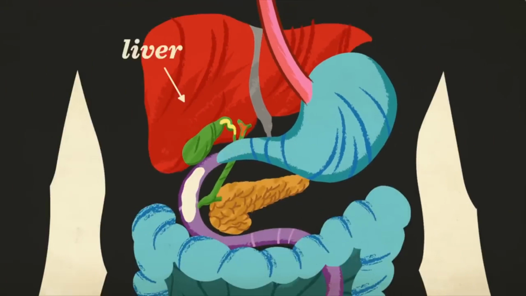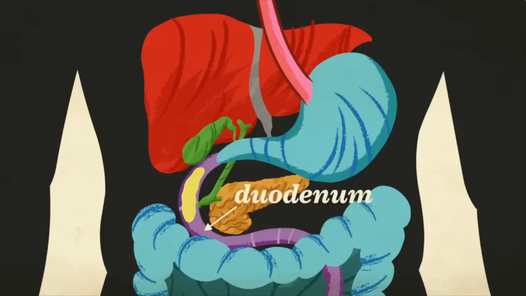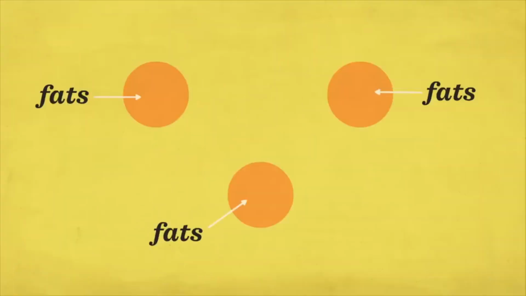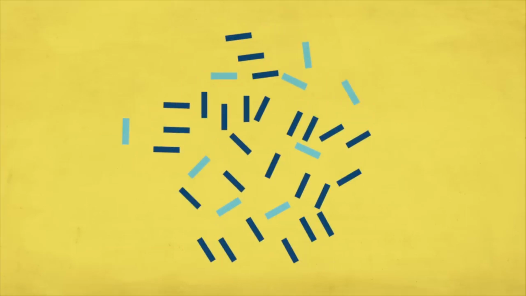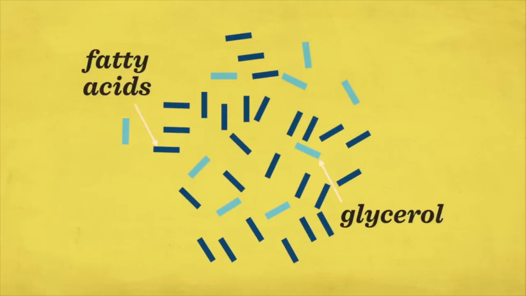The liver sends bile to the gallbladder, which secretes it into the first portion of the small intestine, called the duodenum. Here, it dissolves the fats floating in the slurry of chyme so they can be easily digested by the pancreatic and intestinal juices that have leached onto the scene. These enzyme-rich juices break the fat molecules down into fatty acids and glycerol for easier absorption into the body.